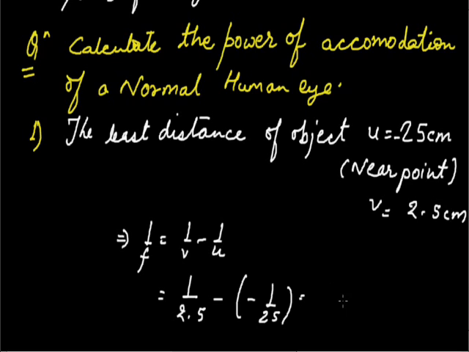Now here, if we take the LCM, it will be 25, and the value will come equal to 10 plus 1, which is 11 upon 25. So very easily we can get the value for the minimum focal length.